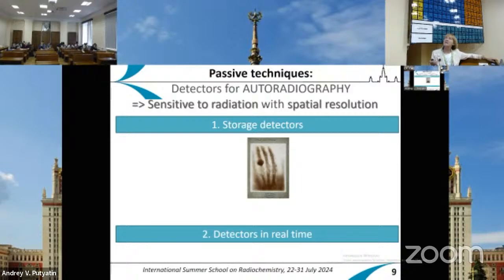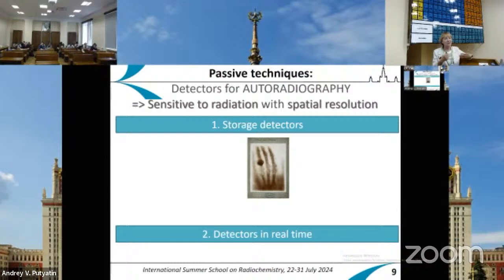There are two classes of detectors. Detectors for autoradiography must be sensitive to radiation and must have special resolution. So it is not bulk method, it is local microanalysis method. There are two main kinds of detectors: storage detectors and detectors in real time.